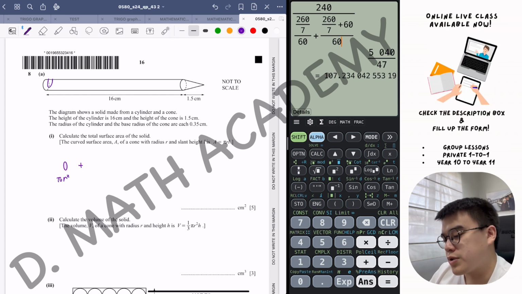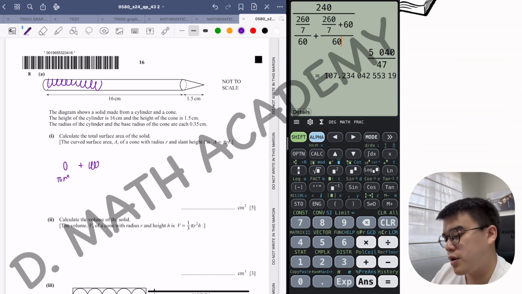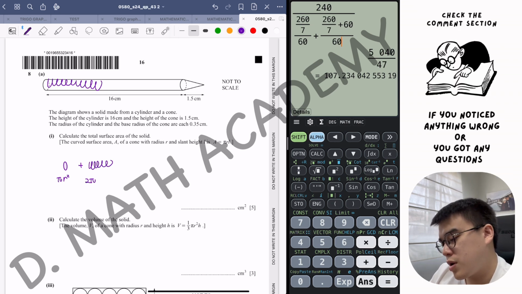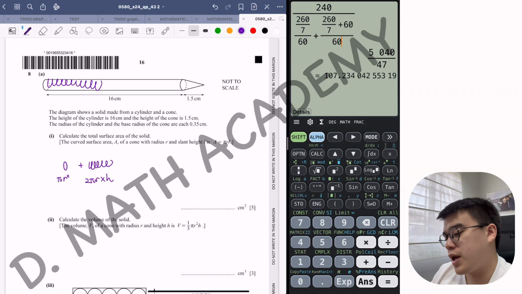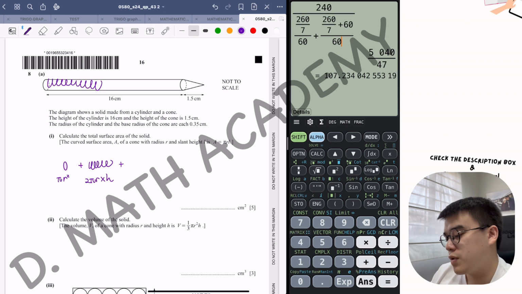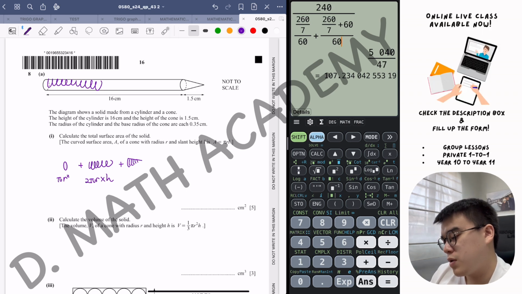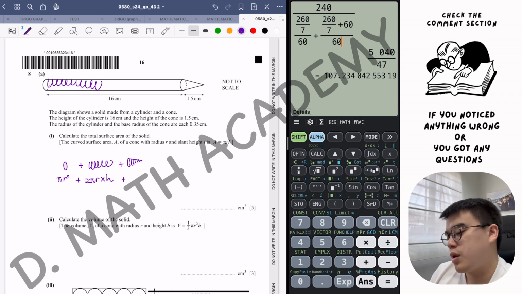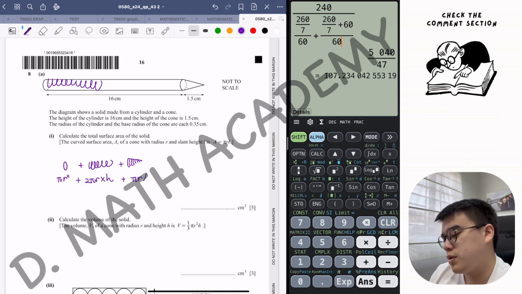And then because they asked us for the surface area, we have a lot of 2 pi r here, and it will be multiplied by the height, alongside the curved surface area of the cone. That one will be pi r l.